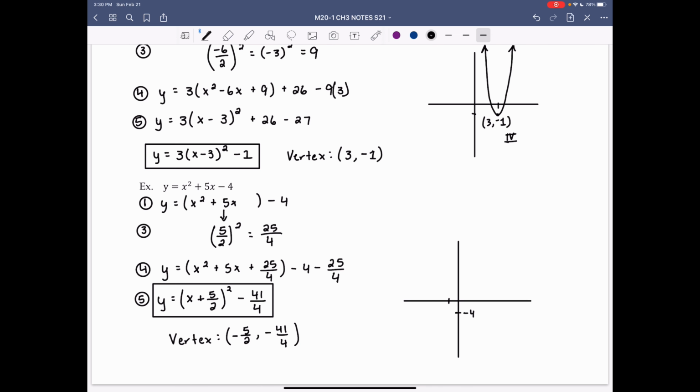And negative 41 over 4, which is just a little more than negative 10. So we'll say that that's about there. And then it looks something like this. And our vertex is in quadrant 3 this time.